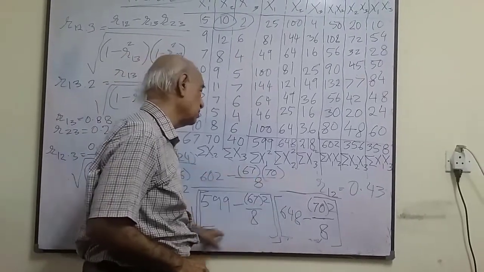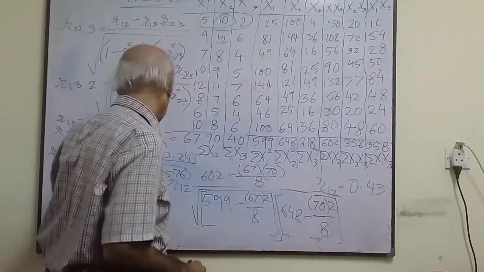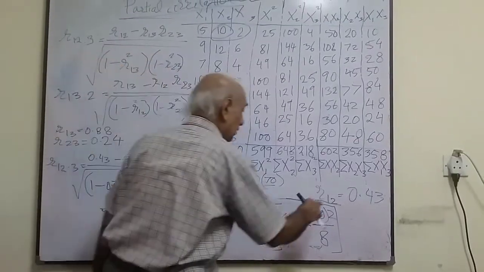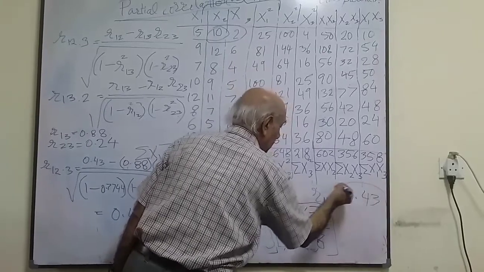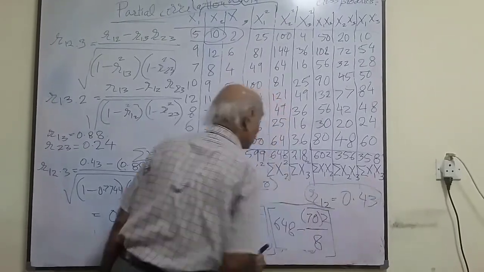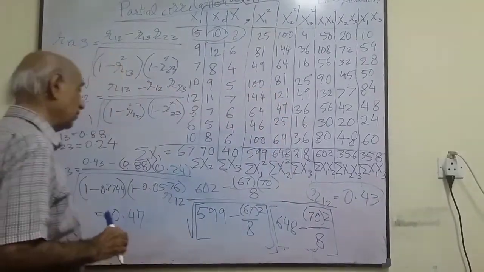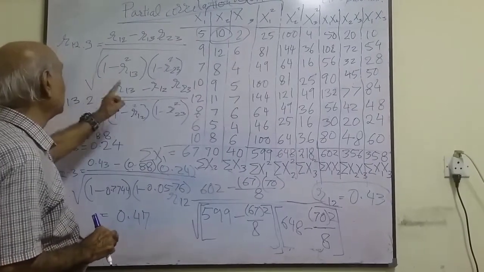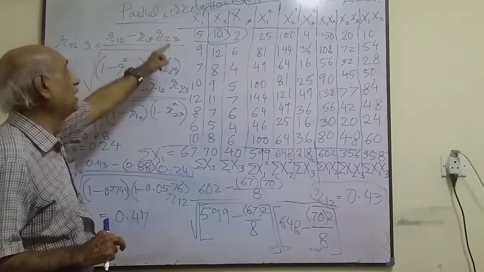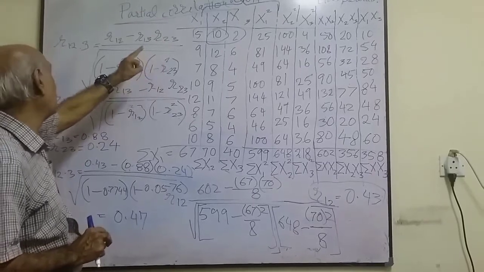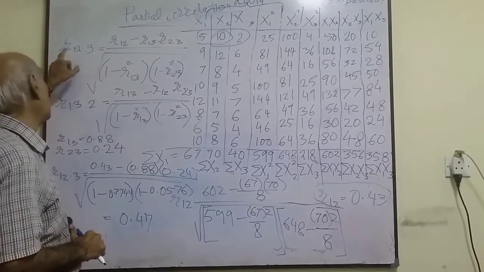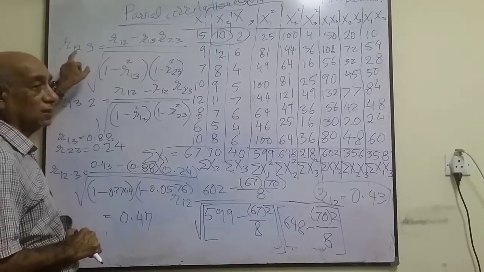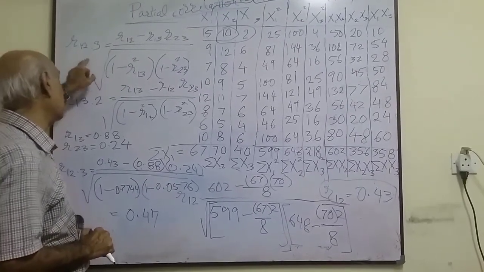These are the values that you have to input in this formula, and you get the value of R12 equal to 0.43. Similarly, calculate the value of R13 and R23. Those are also needed for the partial correlation of R12 with 3 being held constant.